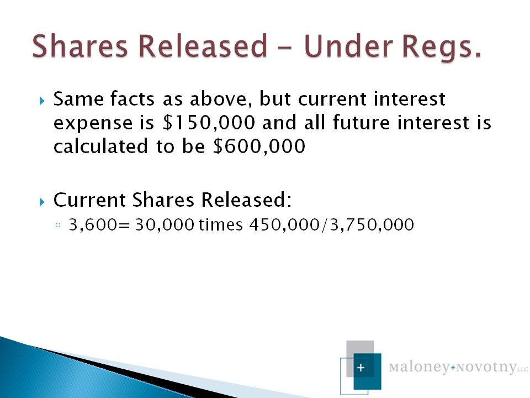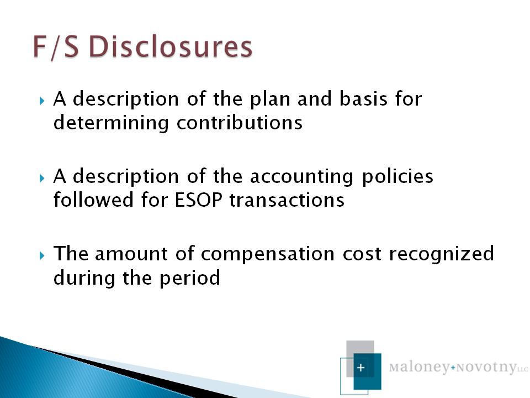But all of these things are typically laid out early on in the transaction as to how we calculate the share release on an annual basis. That's pretty much how our financial statements get affected from a debits and credits standpoint on an annual basis.